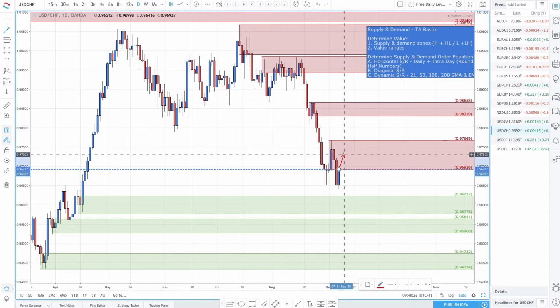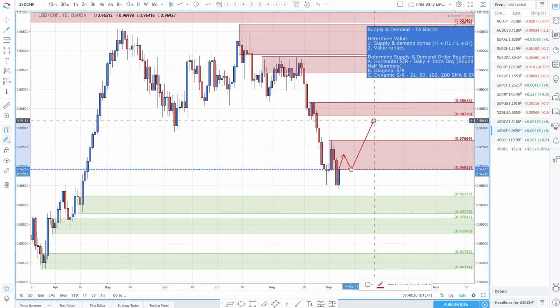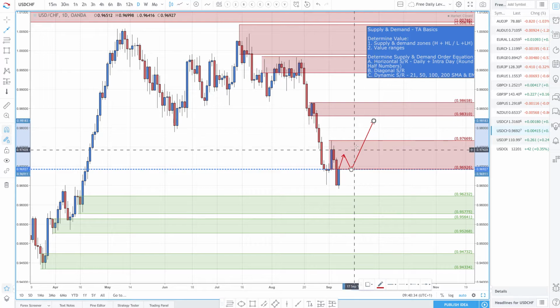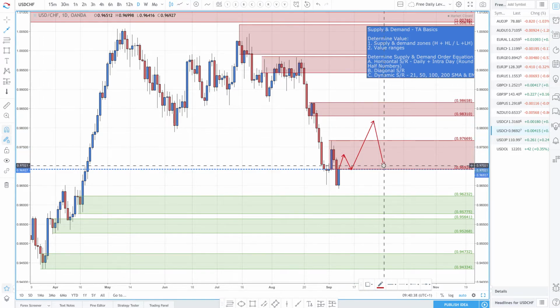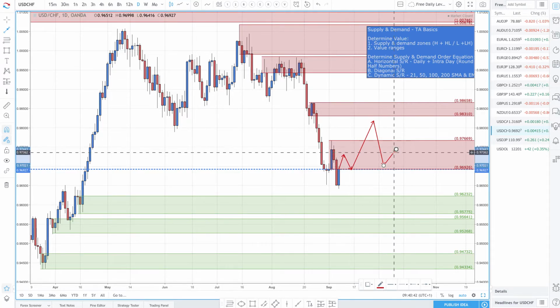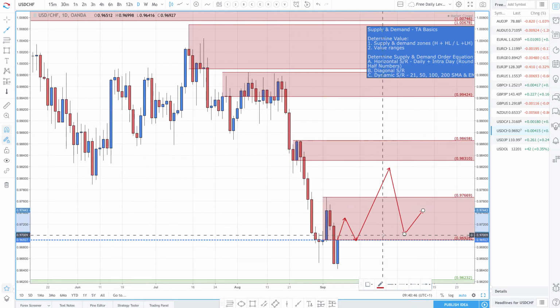But nevertheless, what you want to do right now is potentially wait for higher highs and higher lows to be made. And if we do get something like this where we break to the highs, what you want to do is wait for prices to come back into this higher low before looking to potentially get long. A lot of people try to pick the absolute lows.